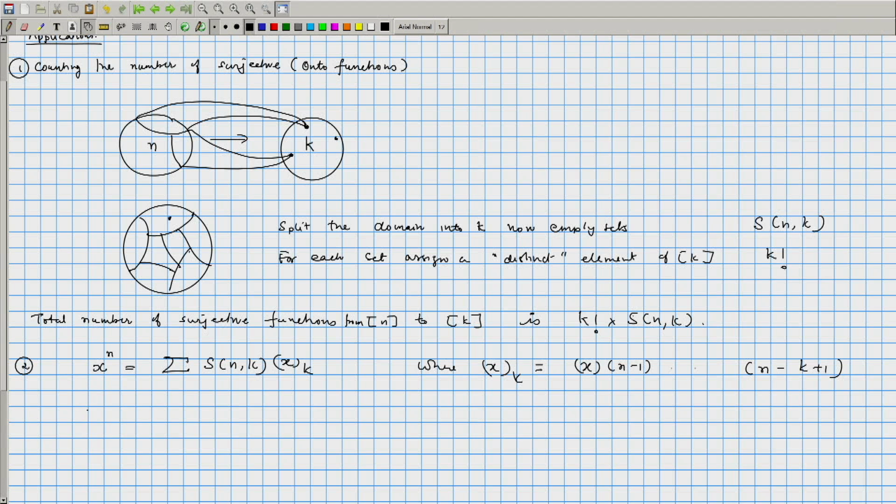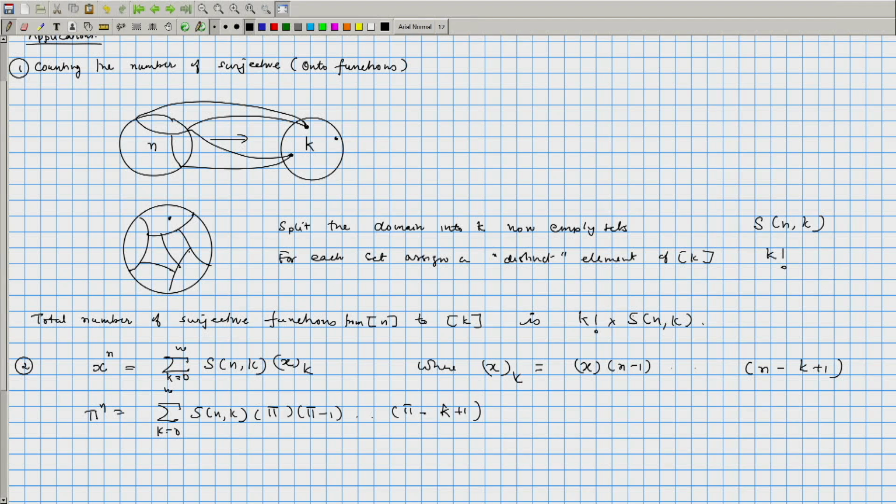So, this would also say that pi raised to n is equal to the summation over k equals 0 to n of S(n,k) into pi into pi minus 1 into ... into pi minus k plus 1.